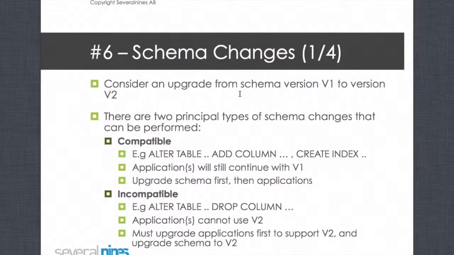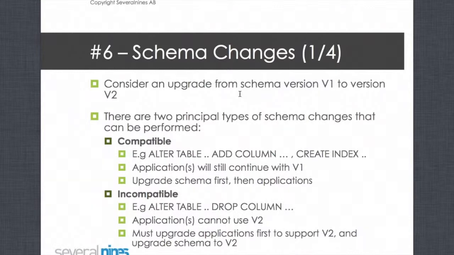So what you have to do is to update your applications first in the incompatible case. So the application is supporting the new version, and then you upgrade the schema. Whereas in the compatible case, you can upgrade the schema first, and then the application.